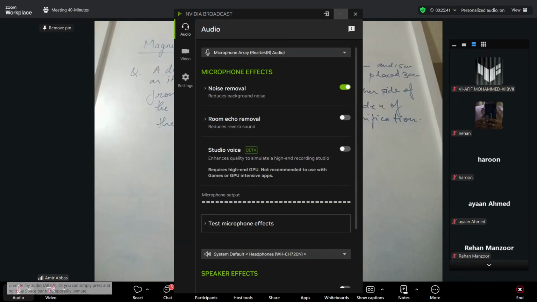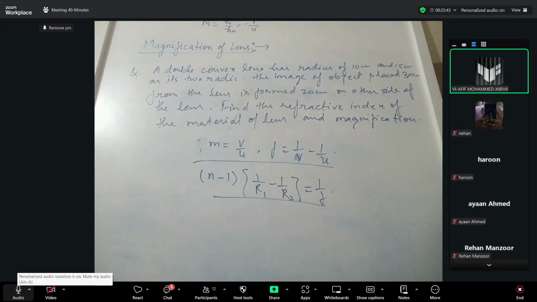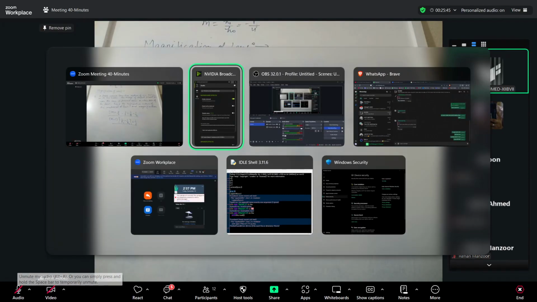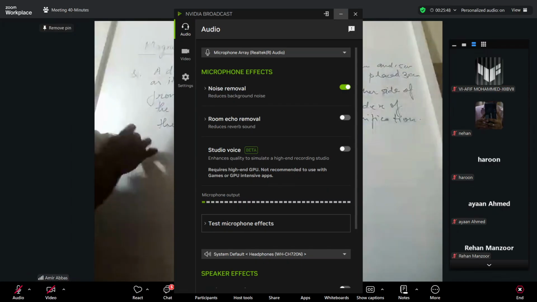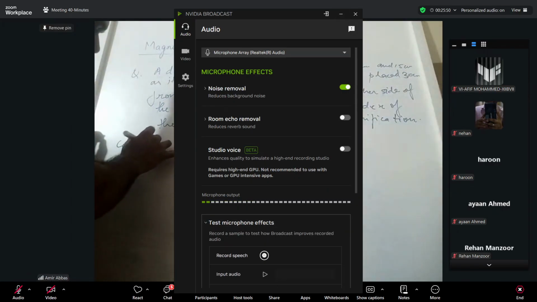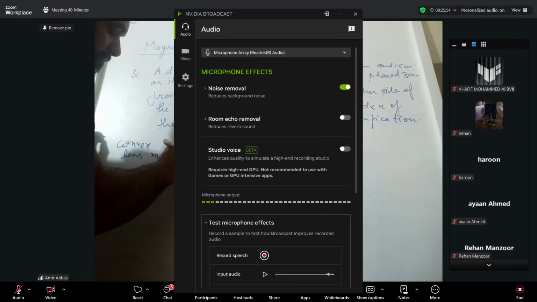Have you got this? For a convex lens, M can be positive and negative.